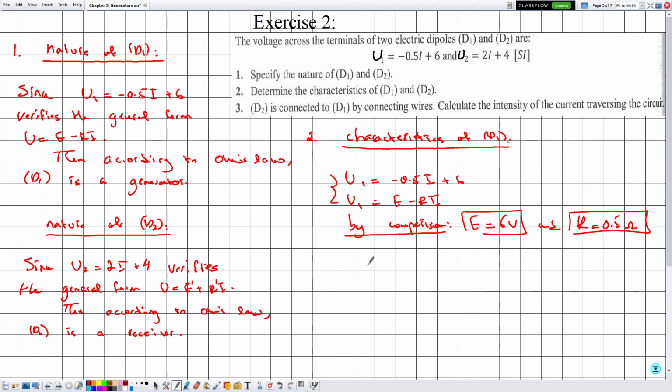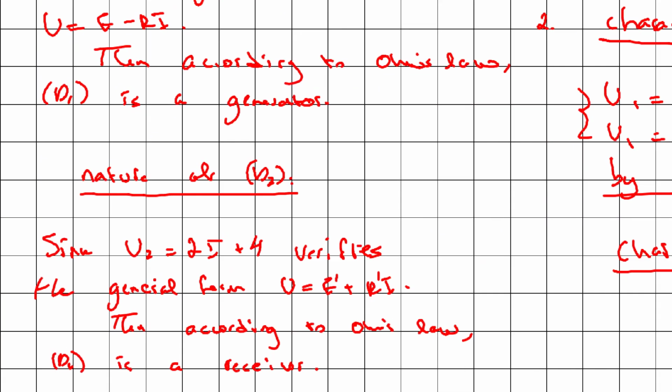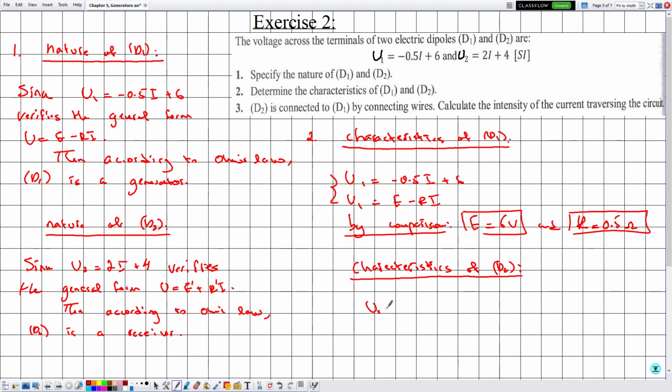Now as for the characteristics of D2, we know that the given form is U2 is equal to 2I plus 4.